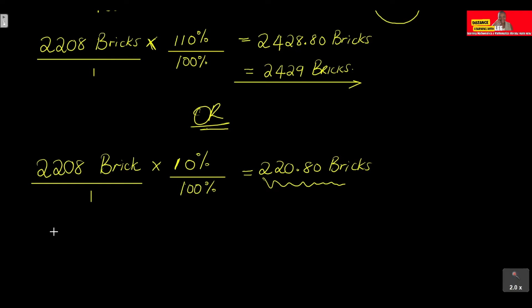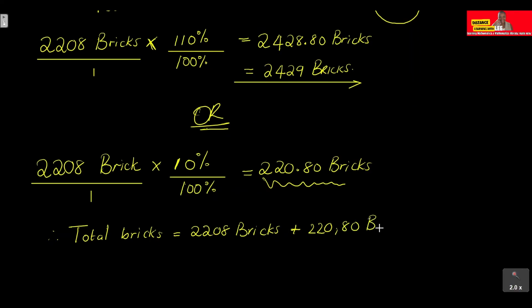So the total bricks that you'll need is equal to 2,208 bricks plus 220.80 bricks. If you punch this into your calculator, you'll get a total of 2,428.80 bricks.